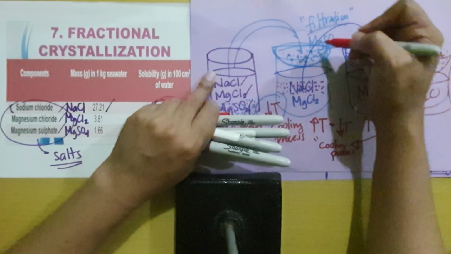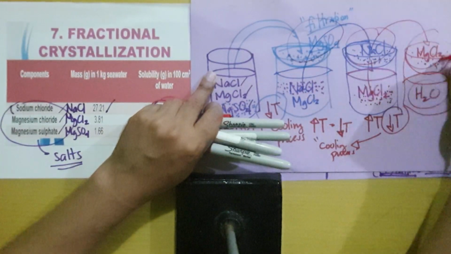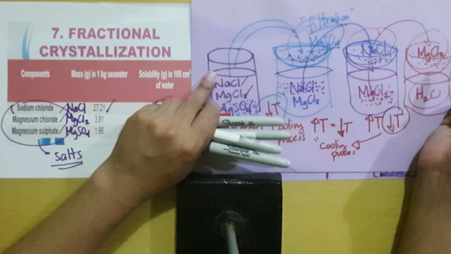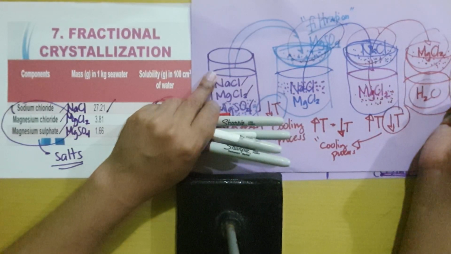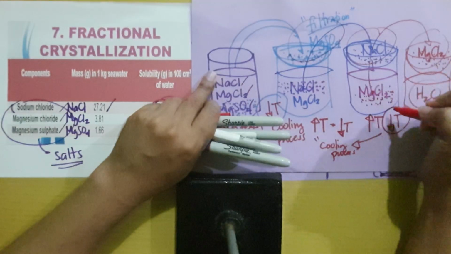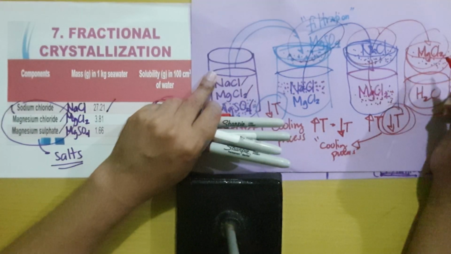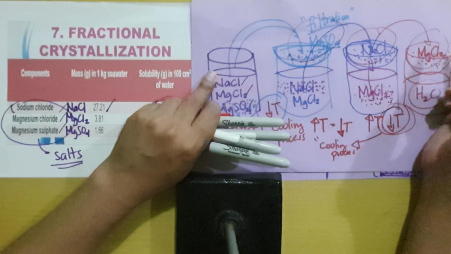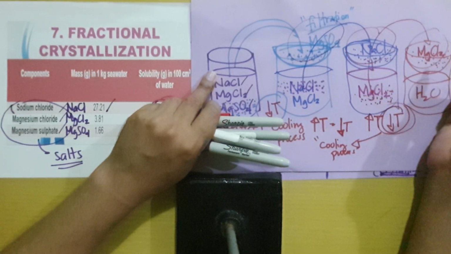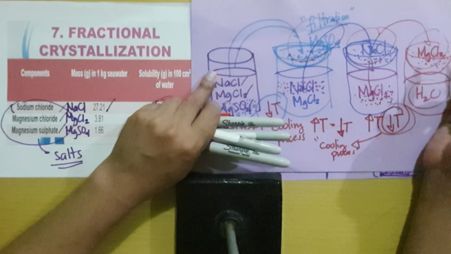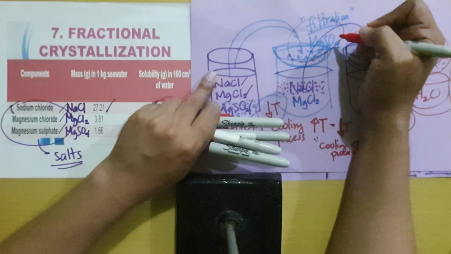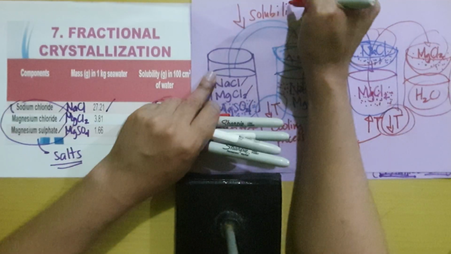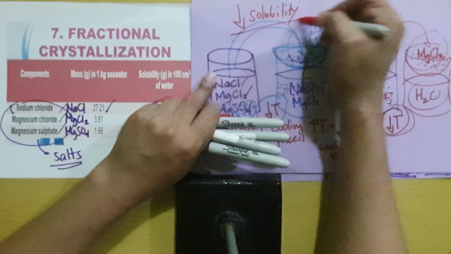So as you notice, we recovered the three types of salt present in seawater once we subjected them to a very low temperature. However, they differ in terms of solubility. So always remember, the substance that has the lowest solubility value will be recovered first.